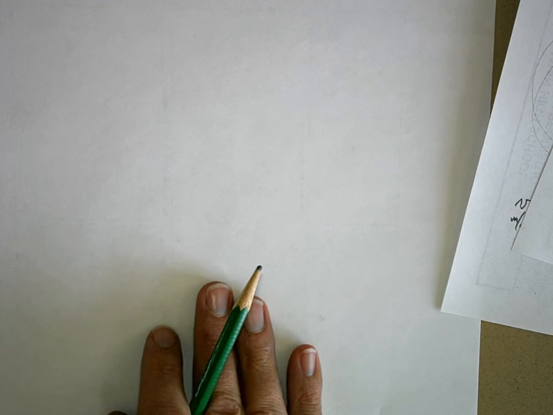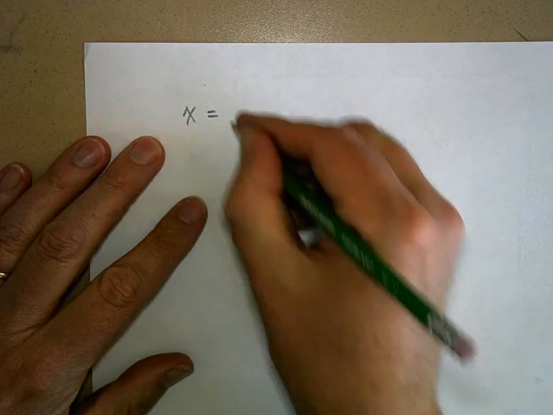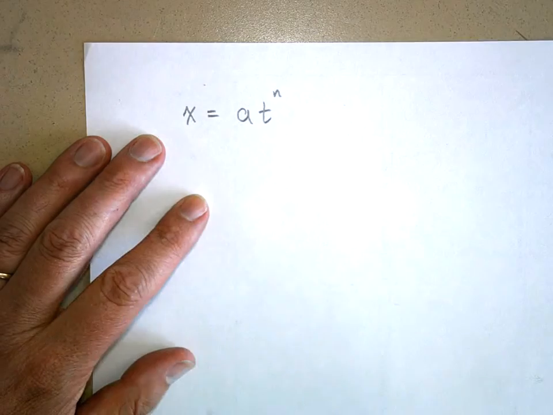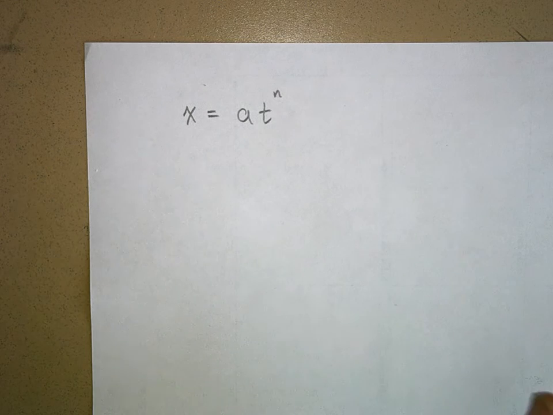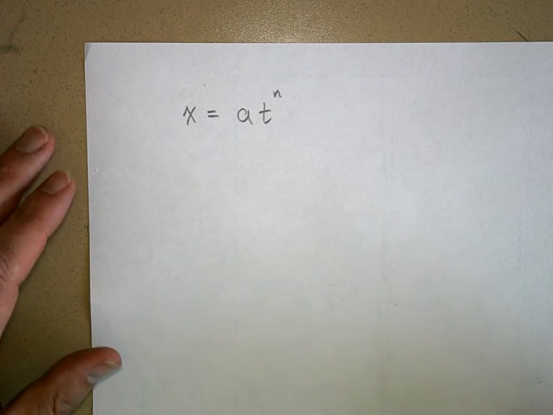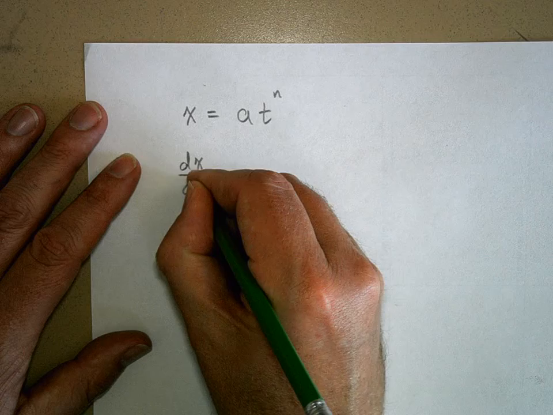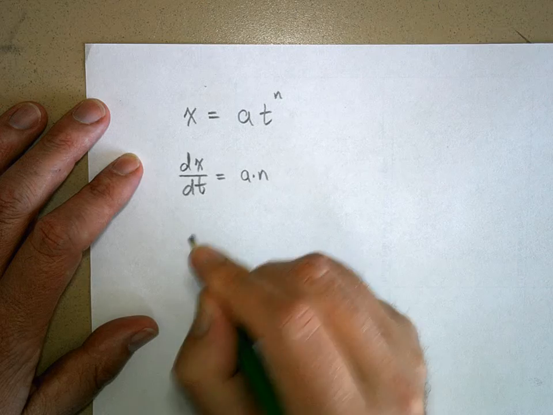If x is equal to some constant, I'll call it a, times t to some power of n, and you operate the derivative on it, the mathematicians have graced us with the answer. dx/dt is equal to a times n times t to the n minus 1.